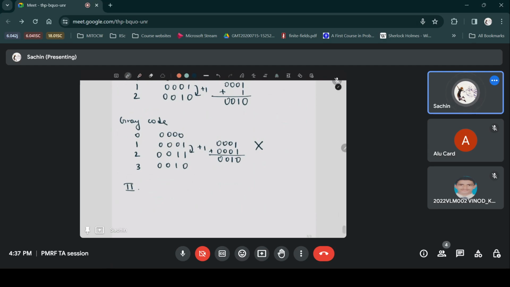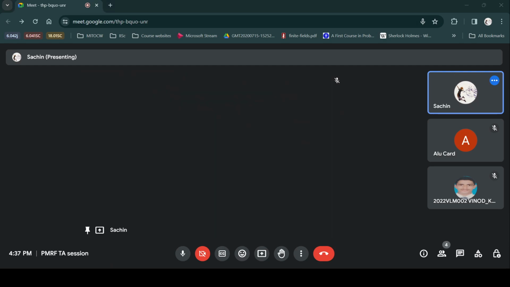Second statement, in ASCII code, capital A is 1000001 and small a is 1100001.